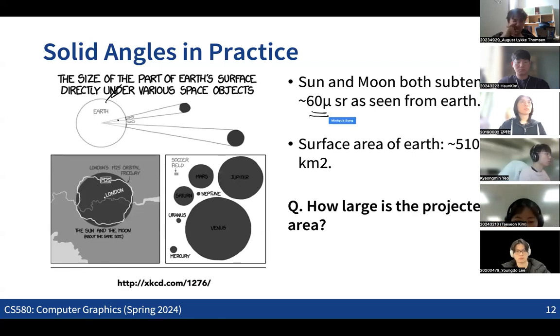The interesting thing is that if we calculate the solid angle subtended by the sun and the moon, we can see that the solid angles of these two are almost the same, about 60 microsteradians. Where can you see the evidence that these two solid angles are almost the same?